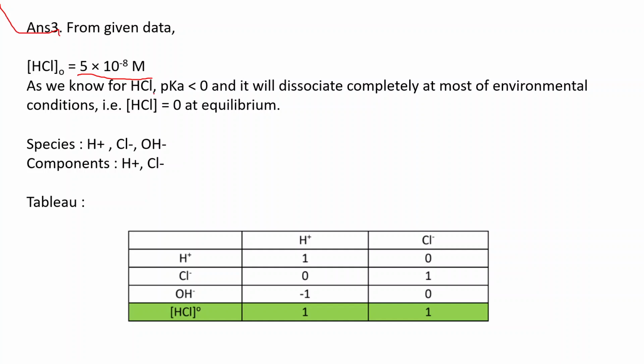As we know, pK is less than 0 and it will dissociate completely in most environmental conditions. So total HCl at equilibrium is 0. So what species do we have? H+, Cl-, OH-, and this is the component. So this is the table that we can form using that.